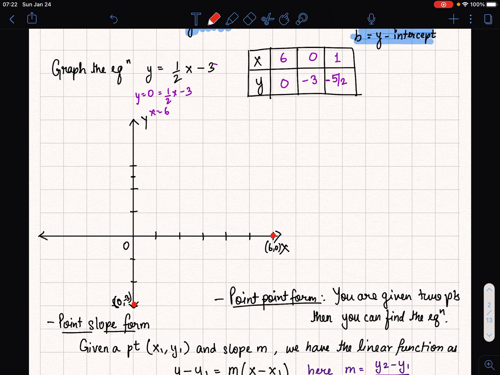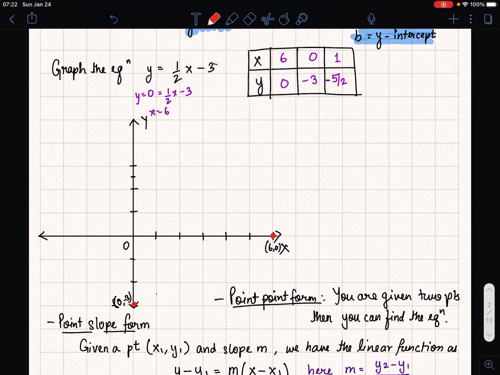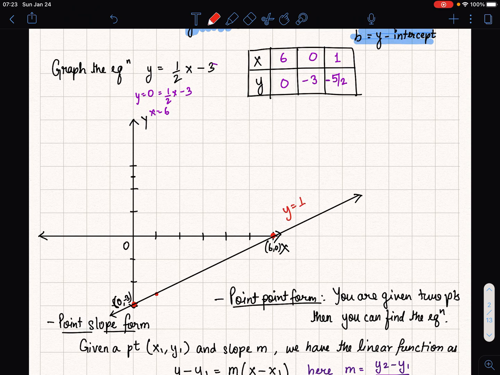So -2.5 should be somewhere here. Now we join the line. This is the equation of the line y equals half x minus 3.